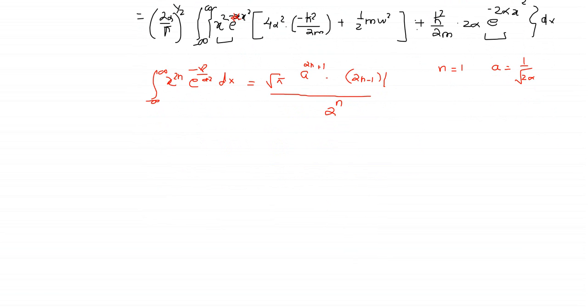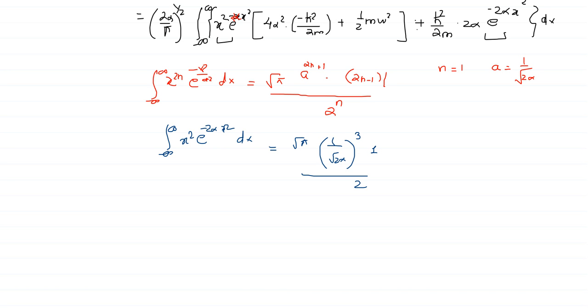So minus infinity to infinity x square e raised to minus 2 alpha x square dx is nothing but root pi, and instead of a we have 1 upon root 2 alpha raised to 2 into 1 plus 1 is 3. This is 1, this is 2.